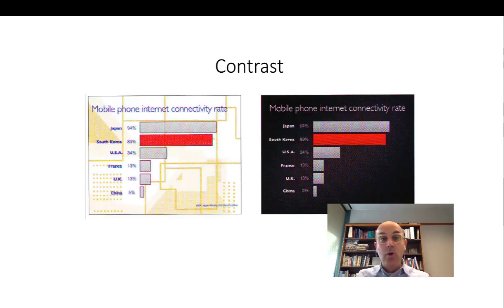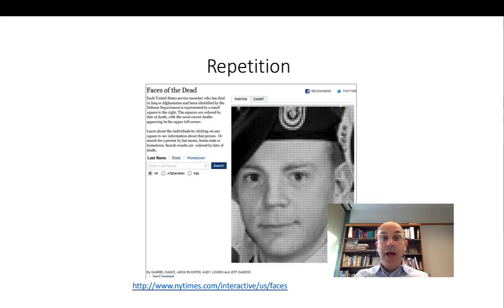Again, this is a good use of design for showing the elements. Contrast, again, with the mobile phone internet connectivity rate, where the design elements show what it entails.